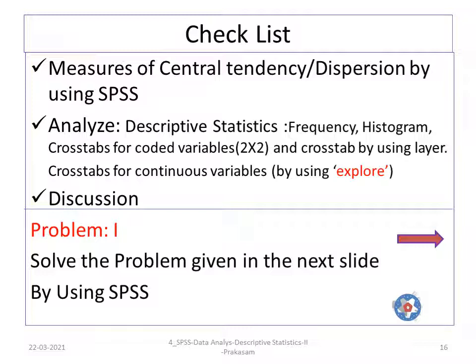Crosstab for continuous variables we have also discussed. Further, how to interpret the tables was also given. Then how to plot by using Explore. We have also understood how to calculate the cross tabulation for the continuous variable, and also how to plot box plots, and we have given some interpretation and tried to understand from this.